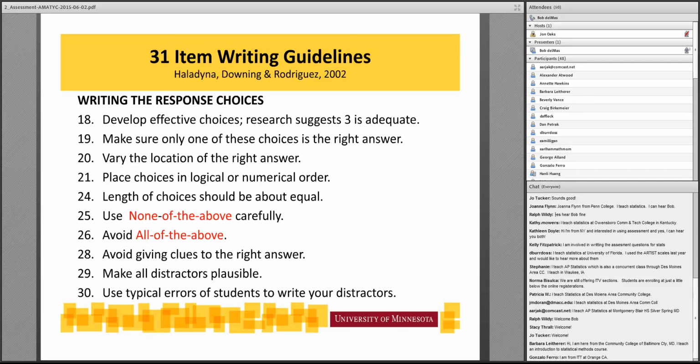When you don't, that creates additional cognitive load for the student. It makes it more difficult to process the response choices. And that's not what you should be testing for. We want to test for their understanding, not their mental abilities beyond their understanding.